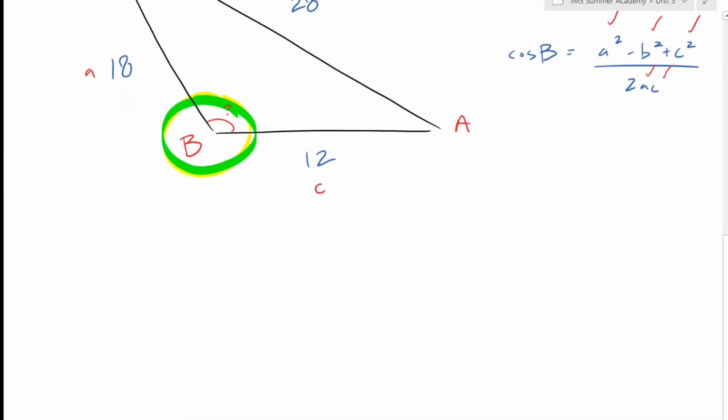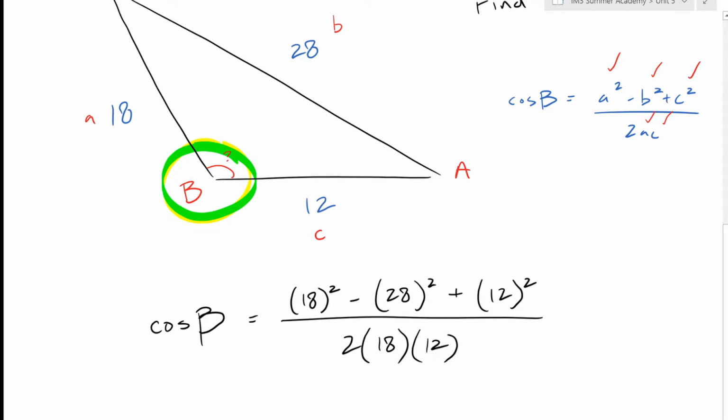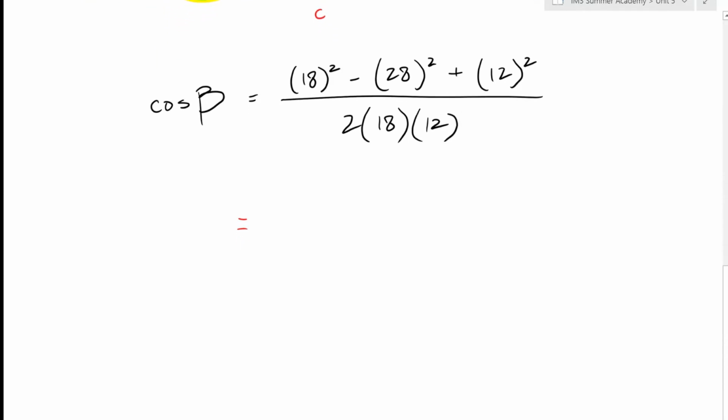So let's plug all that in. So cosine of big B. I'll leave B alone because that's what I'm trying to find. Little a, 18 squared, minus little b, 28 squared, plus little c, 12 squared, over 2 times 18 times 12. Okay, so I've got everything plugged in, and now it just takes us to calculator time. So 18 squared is 324.